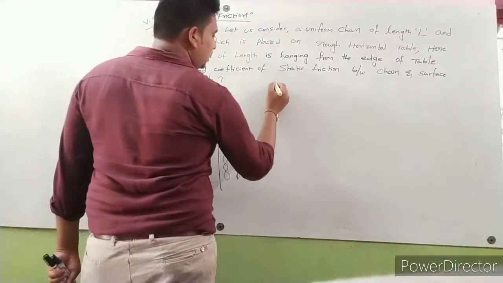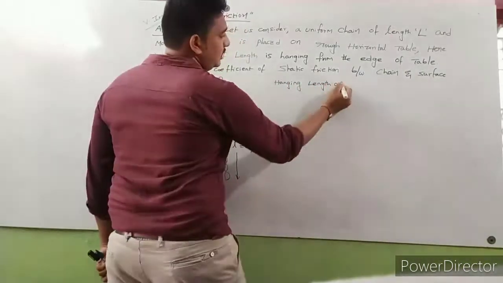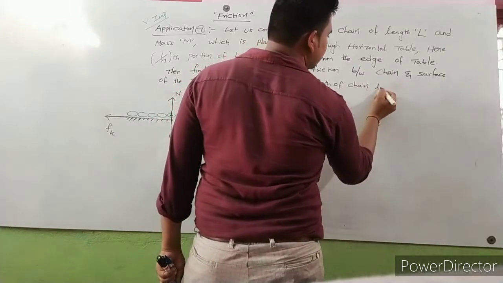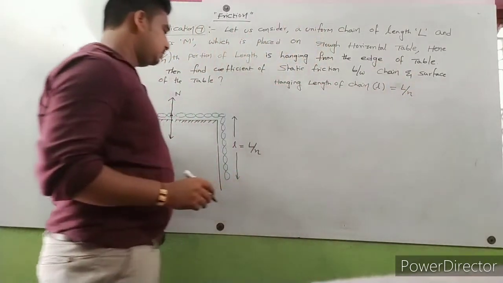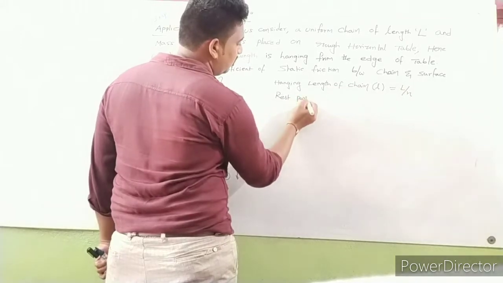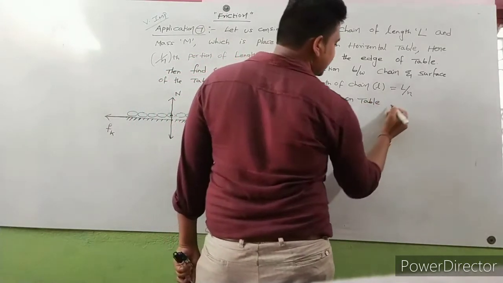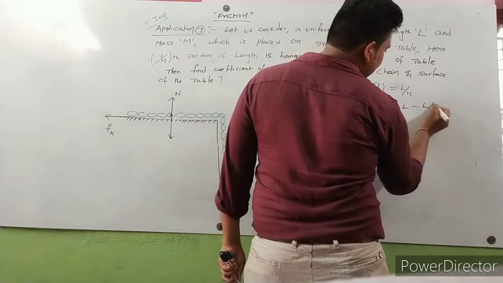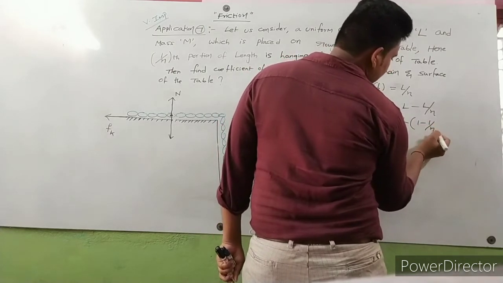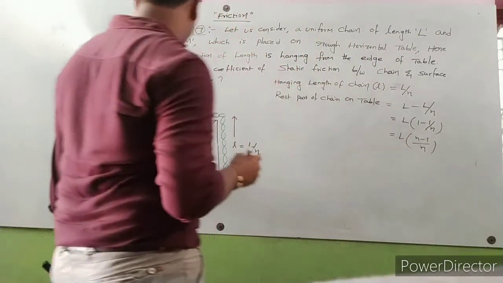The rest of the chain on the table is equal to L minus L by n, that is L into 1 minus 1 by n, that is L into n minus 1 by n.